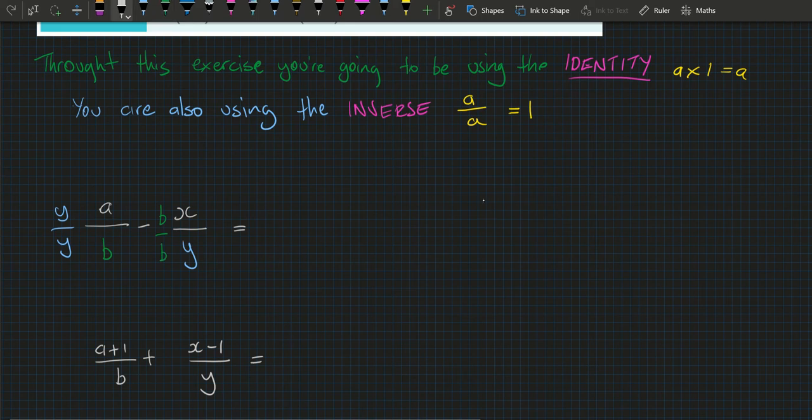Okay, top and bottom by the same thing, but now both of the bottoms have B times Y, and the top has YA minus BX. And so there you go, we've done that one.